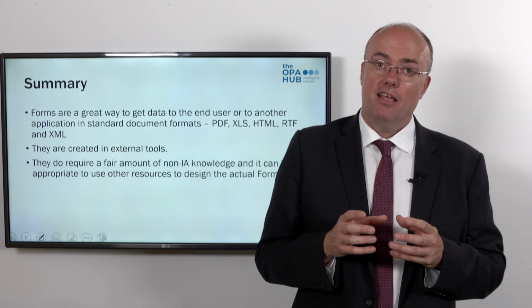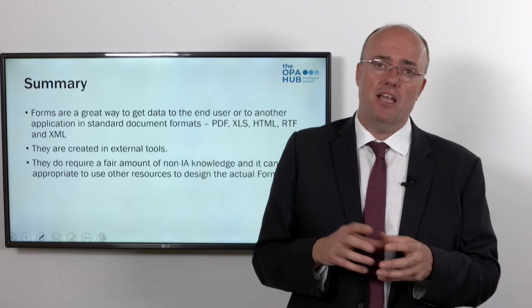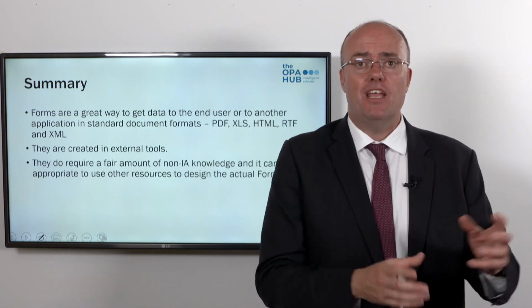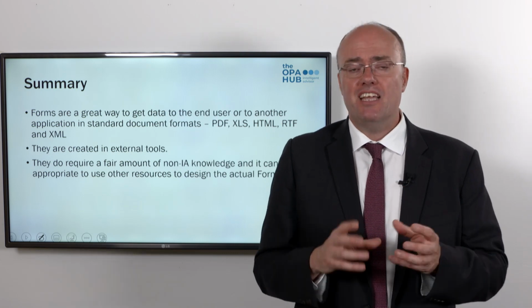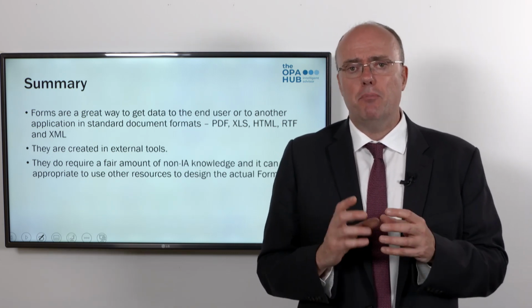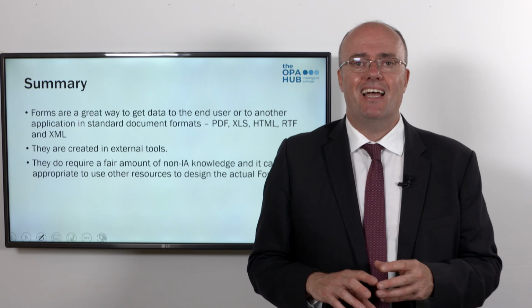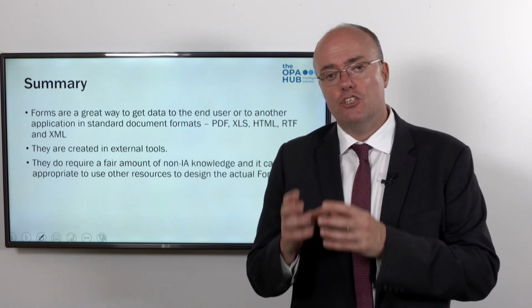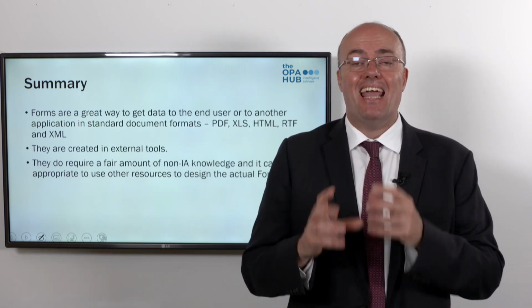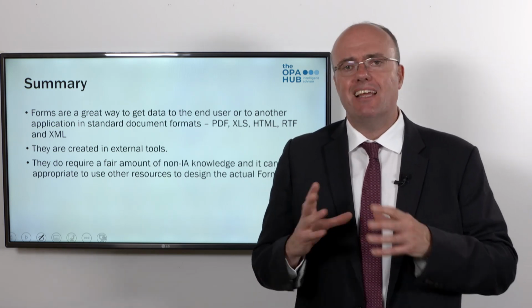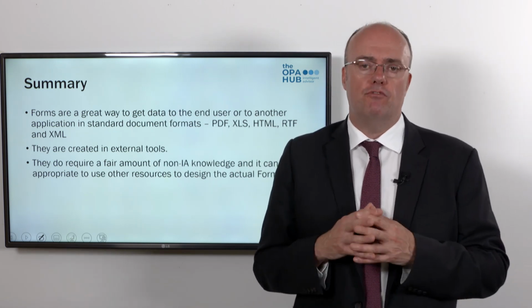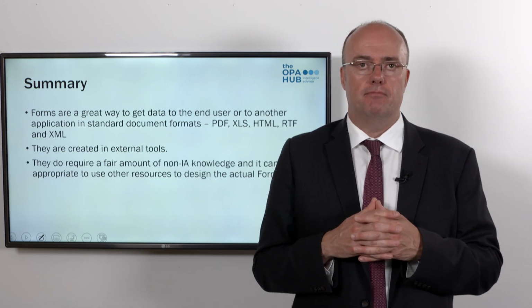Clearly, if your organization already has BI Publisher skills or PDF creation skills, you can leverage that to your advantage. But there is going to be, even then, a little bit of a learning curve to understand how to use Intelligent Advisor attributes in a PDF or RTF context. So we should say that you need a little bit of non-Intelligent Advisor knowledge to get the best out of this.